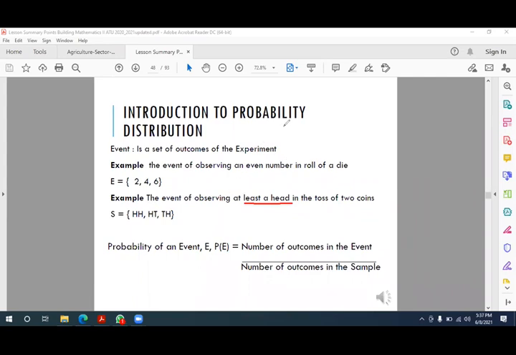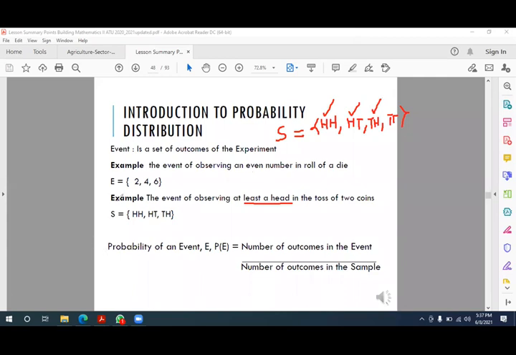So if the sample space omega in the toss of two coins is head-head, head-tail, tail-head, and tail-tail, then these are the possible events: two heads, one head, one head.